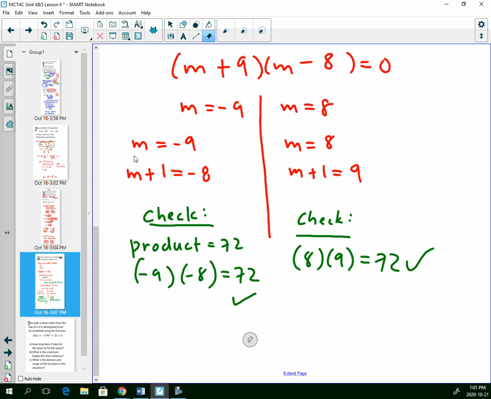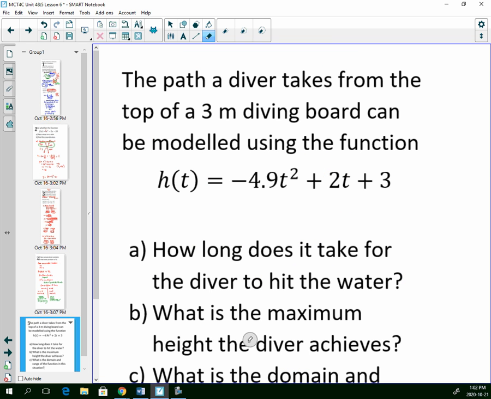So let's say, for example, these were lengths, maybe the length of a rectangle. Well, negative 9 and negative 8 wouldn't make sense in that situation because you can't have a negative length. So you have to look at the situation, the application, and see if the answer makes sense, because sometimes you'll get two solutions and only one of them will make sense.